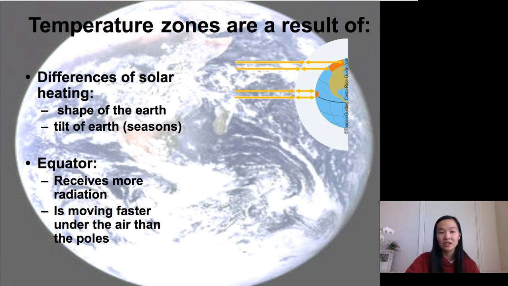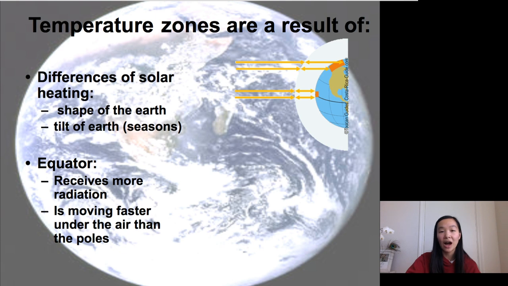If you imagine the sun is exactly to the left of the Earth in this picture, the sun's radiation is going to hit the area around the equator directly. It's kind of like a perpendicular angle, right? So it's more of a direct contact of sunlight.